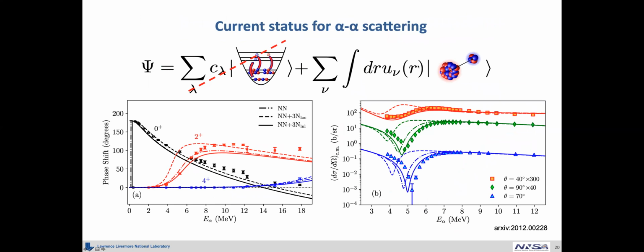So we have implemented the new techniques based on second quantization that I mentioned for the RGM part of the wave function. So we can now compute RGM matrix elements, which, believe it or not, are the main computational time sink for computing reactions.